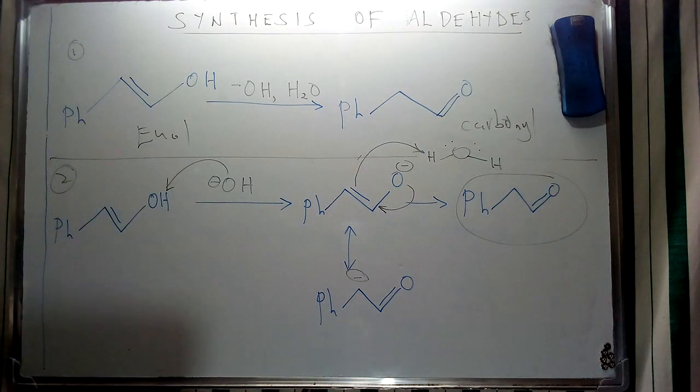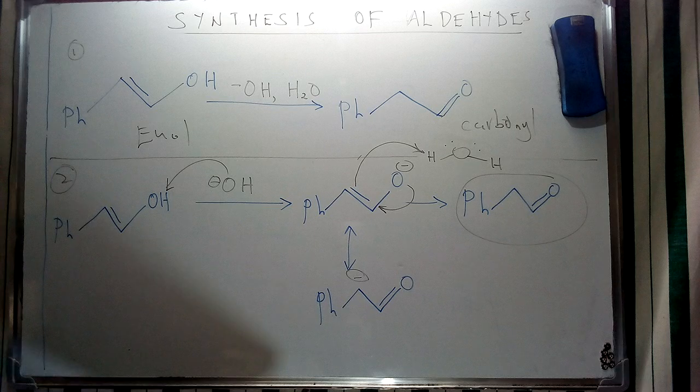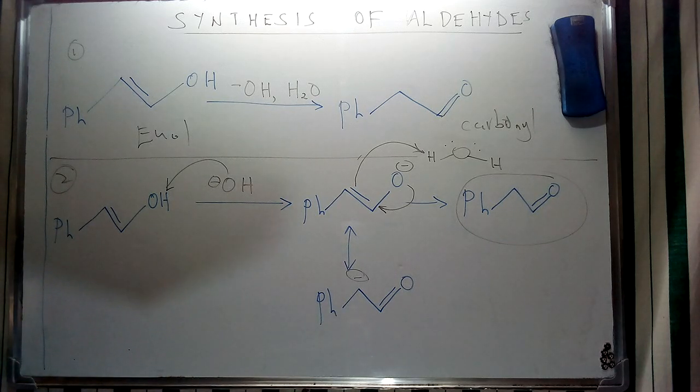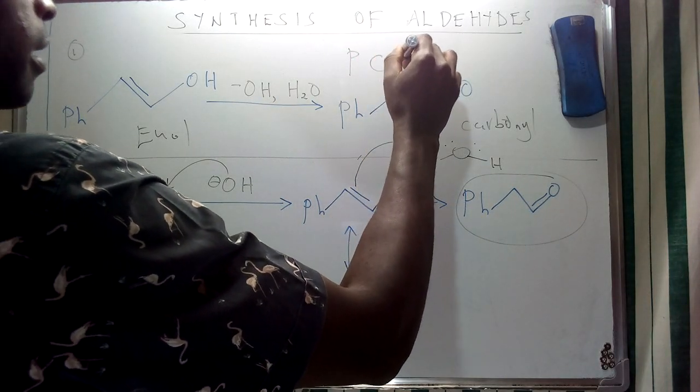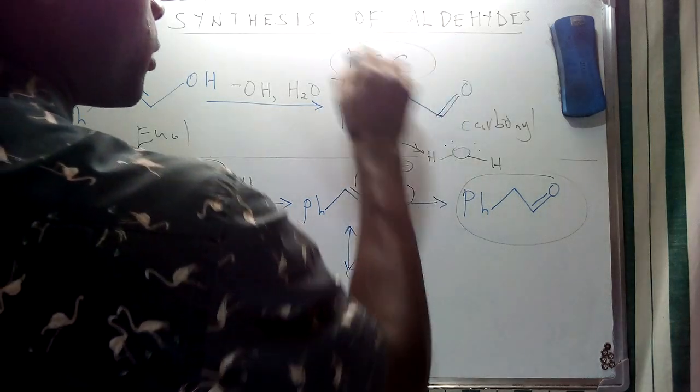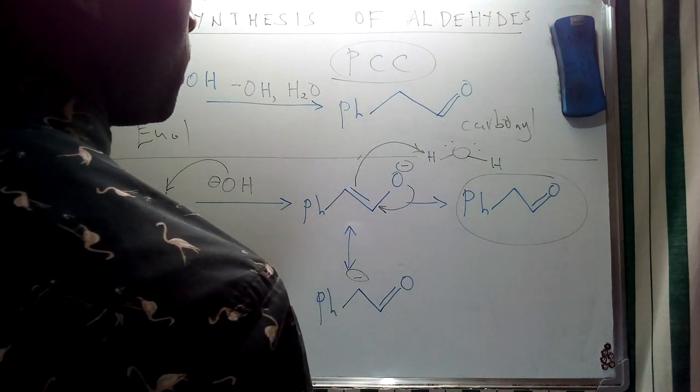Now, there are various other ways in which we're going to achieve this class of organic compounds that we have referred to as aldehydes. And some of the ways in which we can achieve this, of course, is through oxidation of secondary alcohols with what we refer to as pyridinium chlorochromate, which is going to be initialized as PCC.